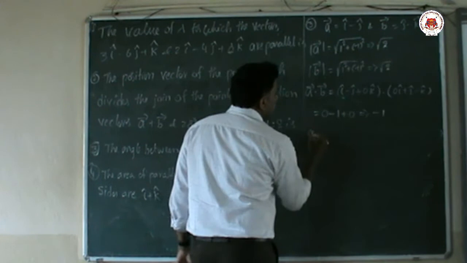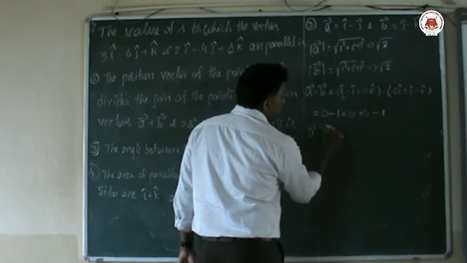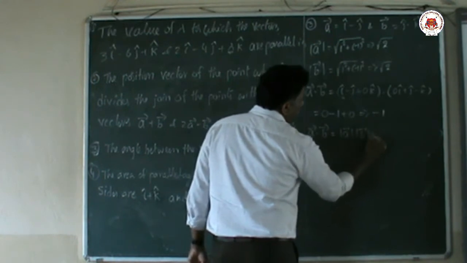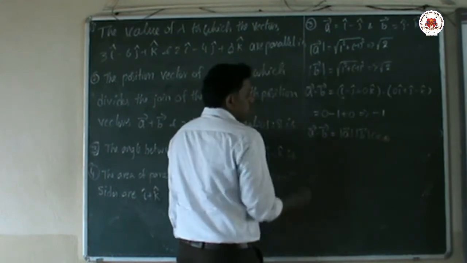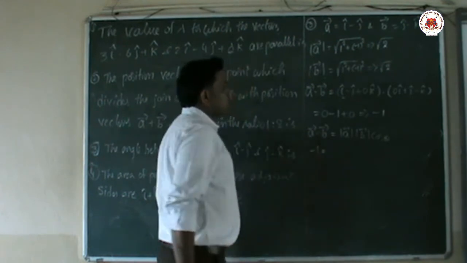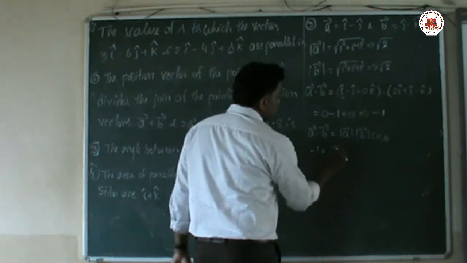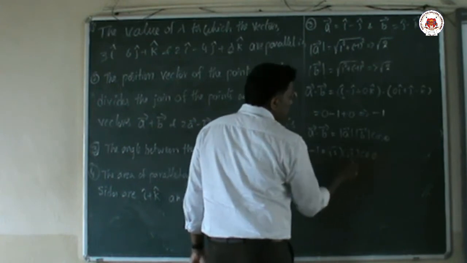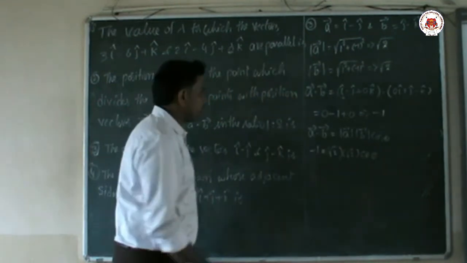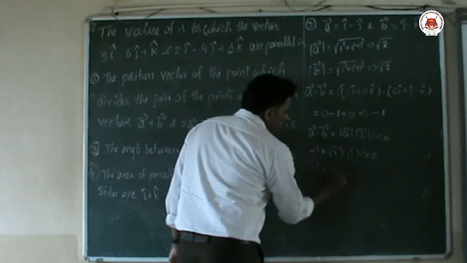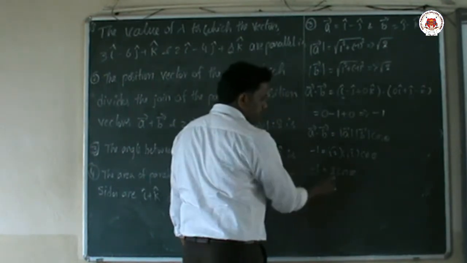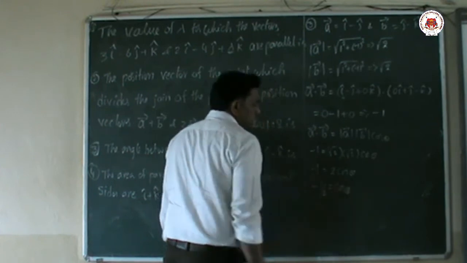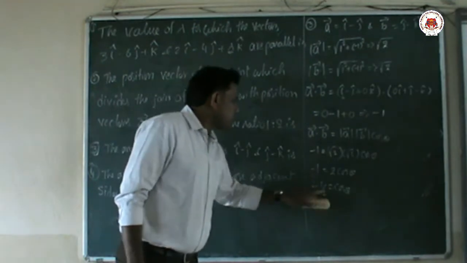Now we have to find the cos theta. So what is the formula? Vector A dot vector B equals mod A mod B into cos theta. So A dot B value is minus 1, mod A vector is root 2, mod B vector is also root 2, into cos theta. Root 2 into root 2 is nothing but 2. So minus 1 equals 2 into cos theta. Dividing by 2, minus 1 by 2 equals cos theta. So here the cos value is negative.